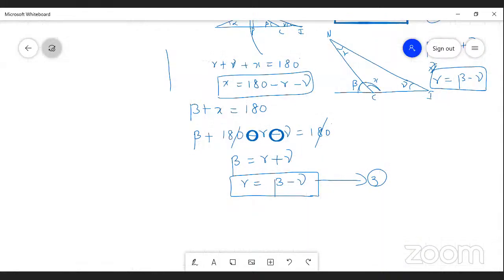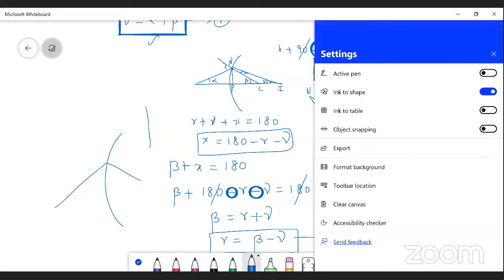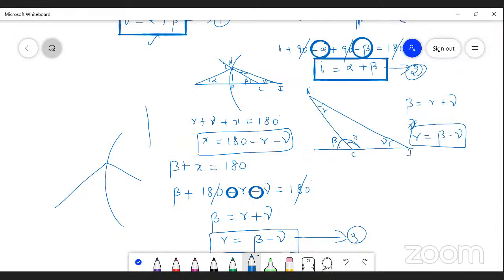I want to take, according to Snell's law, the angle of incidence. Sin I by sin r is equal to the refractive index of the second medium with respect to the first medium. When light travels from one medium to another medium, this is the air medium and this is the denser medium.